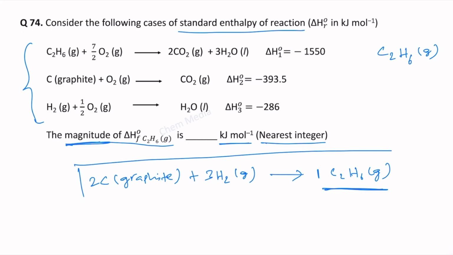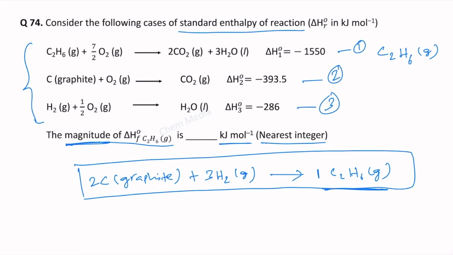Basically, how can we arrive at this equation using these 3 equations? What changes do we need to make? We have to multiply the second equation by 2 because we require 2 carbons, isn't it? So this entire equation we need to multiply by 2, and then the third equation we have to multiply by 3 so that we can get 3H2.